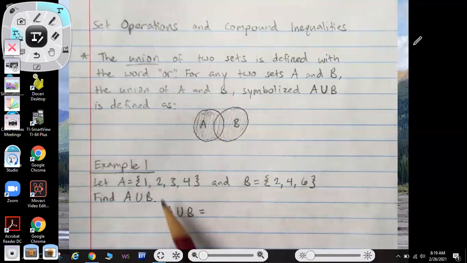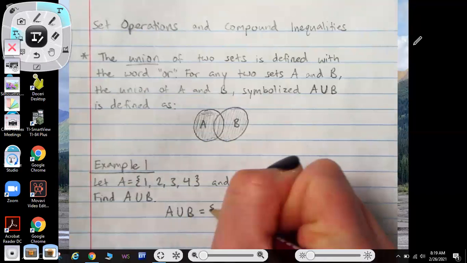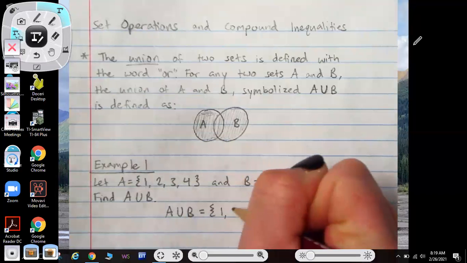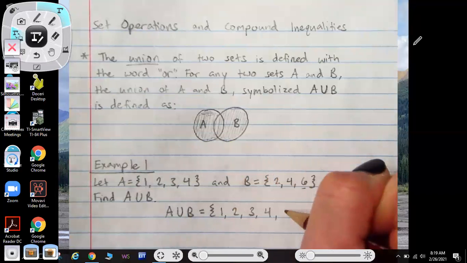We're not going to repeat numbers though. So I know that we have 1, 2, 3, and 4. And then out of set B, we're not going to repeat the 2 and the 4, but we do need to include this 6. So the union is going to be 1, 2, 3, 4, and 6.